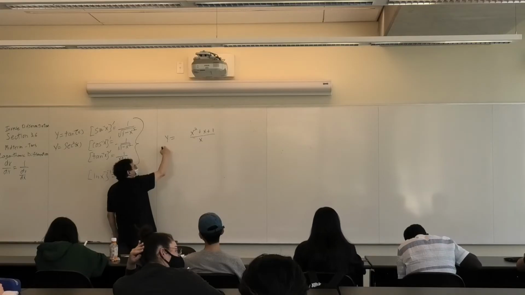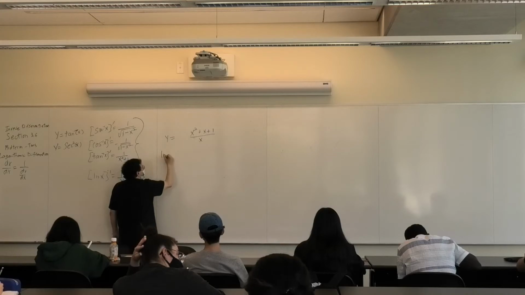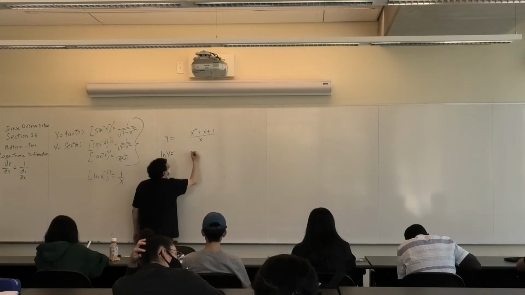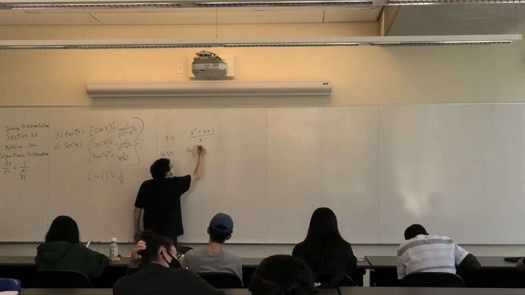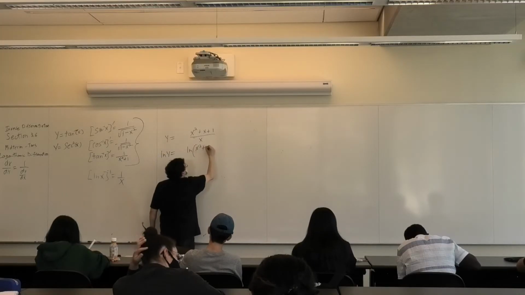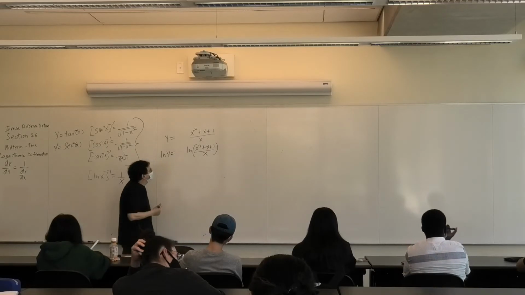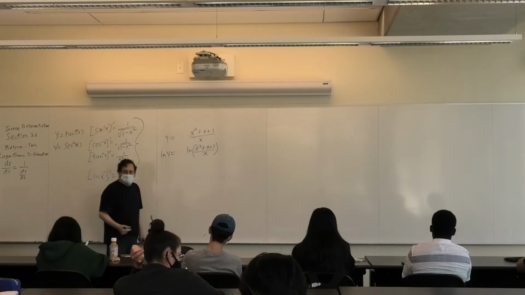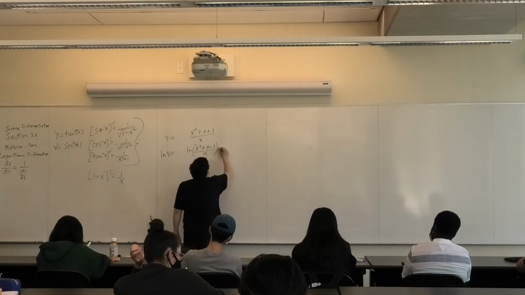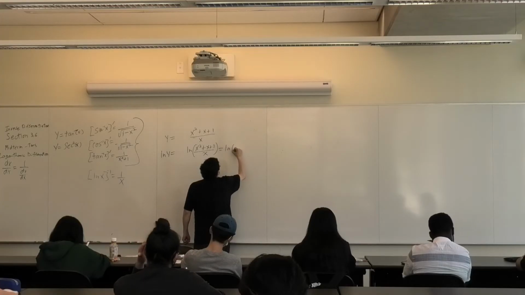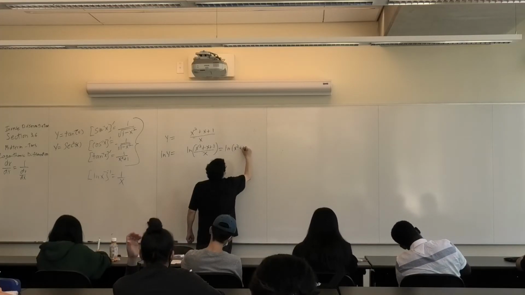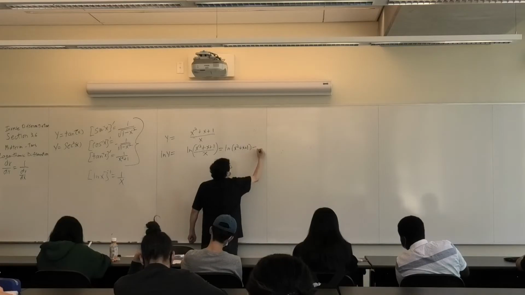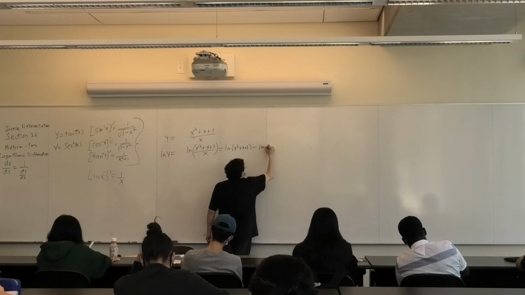We're going to start by finding the log of both sides, natural log of course. Now, using the properties of logs, which you should all remember, this is the log of x squared plus x plus 1 minus natural log of x.